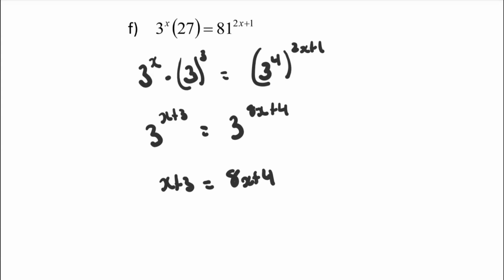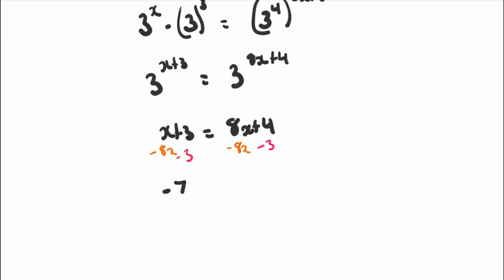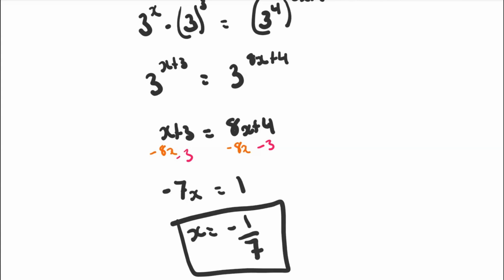So if we were to move all our x's to one side and the numbers to the other side, so again, if you can't quite see this, minus 3, and then minus 8x, we would get negative 7x is equal to 1. Divide both sides by negative 7, you get x is equal to negative 1 over 7. So there you have it.